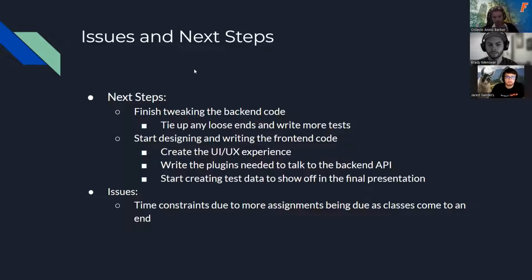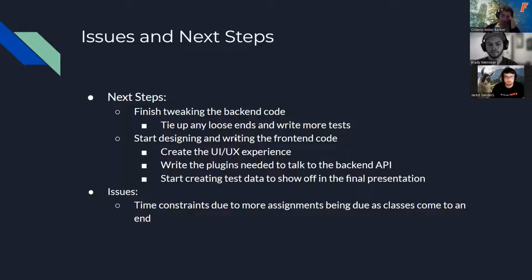And finally, we consider what we're going to be doing for sprint 2. As I said last time, we still have to tie up some loose ends in the back end, make sure everything runs smoothly, and then we can move on to the front end, the UI, the user experience, write some other plugins to finalize tying that up, so we can have a performing product to showcase in our next presentation.